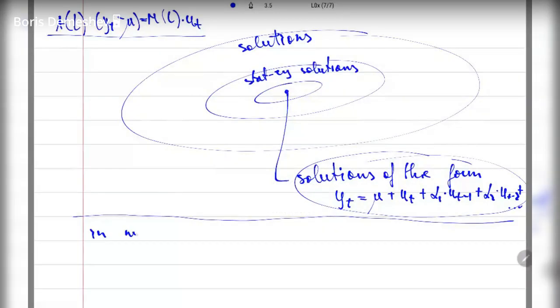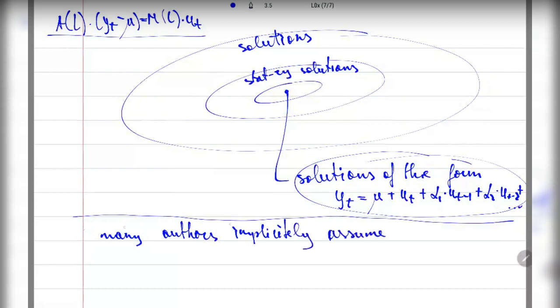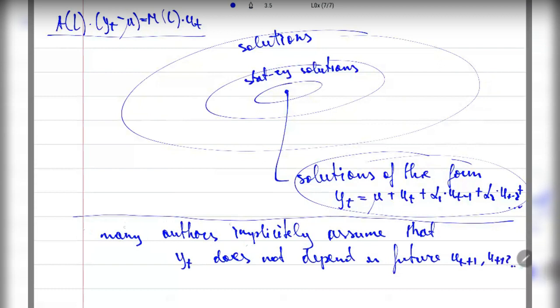So let's write it: many authors implicitly assume that y_t has a form that does not depend on future u_{t+1}, u_{t+2}, and so on.